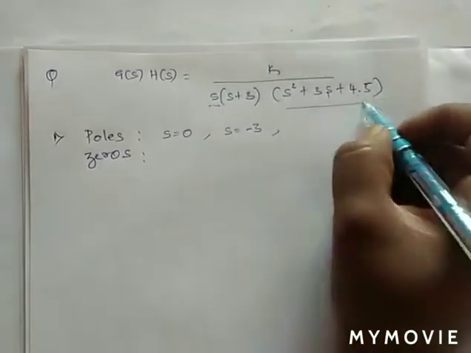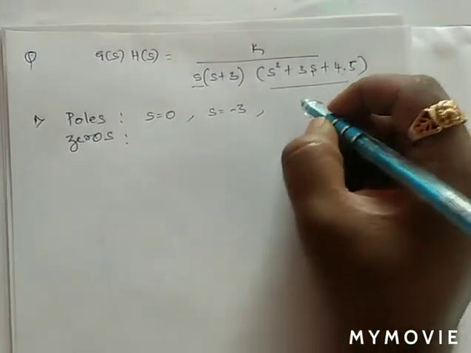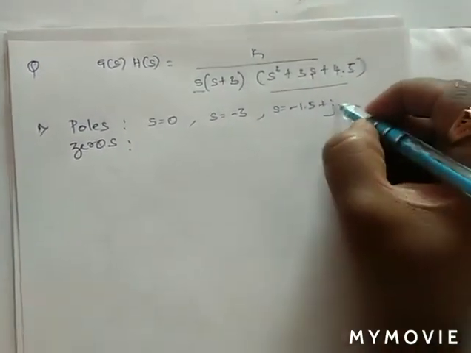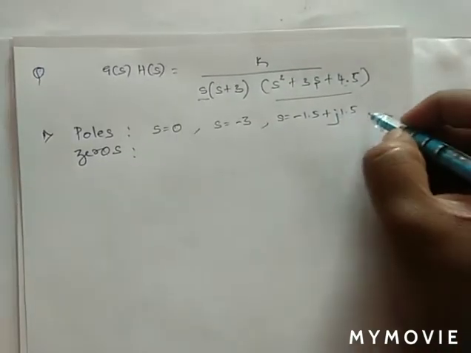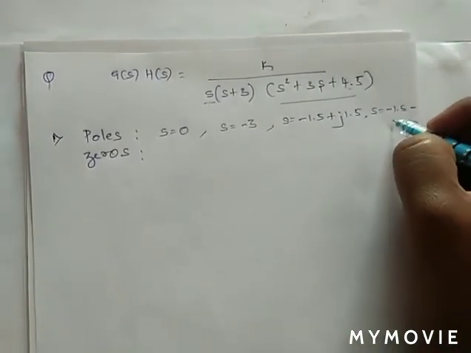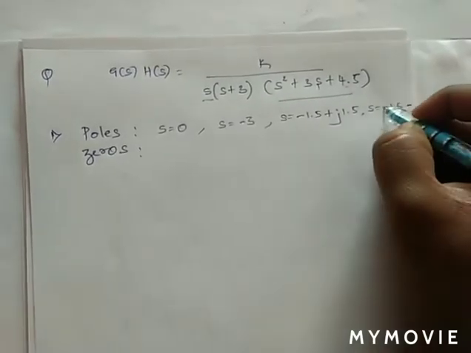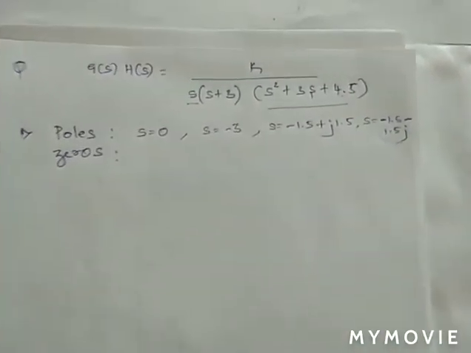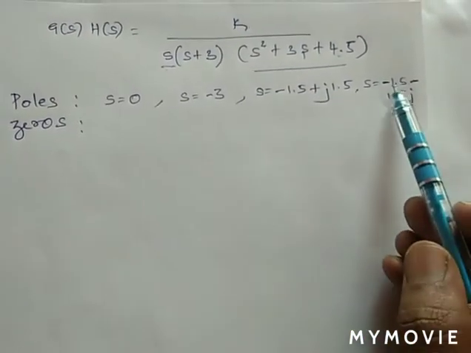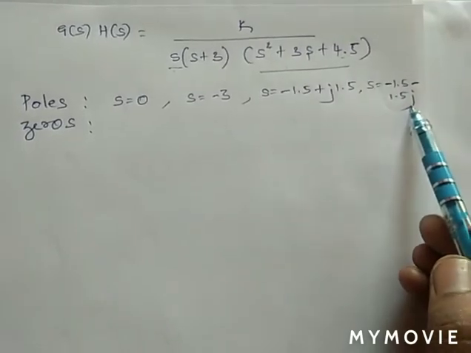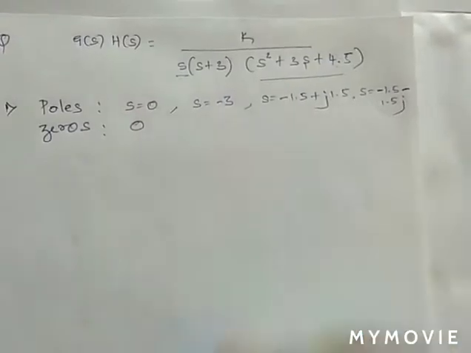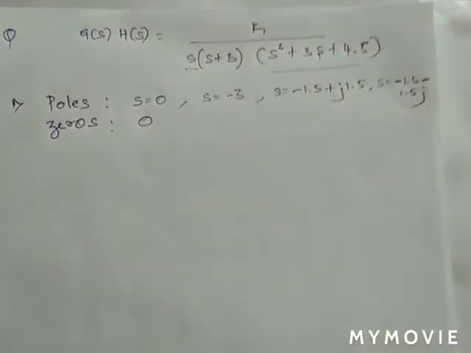Then for this we will get two roots, s equals to minus 1.5 plus j 1.5 and s equals to minus 1.5 minus 1.5 j, right. Okay, now zeros, there is no s term, so s equals to 0. So this is the first step.